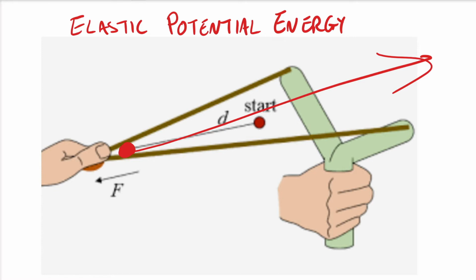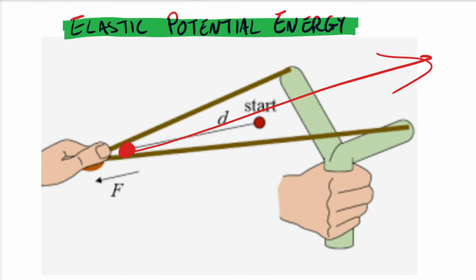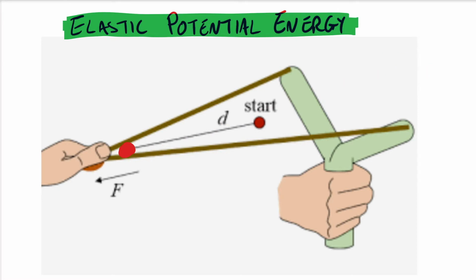The stored elastic potential energy in the catapult is transferred into kinetic energy in the object that's been projected forwards. So that's just one example of elastic potential energy.